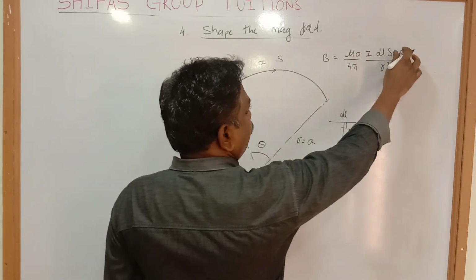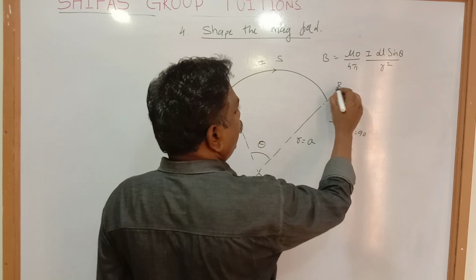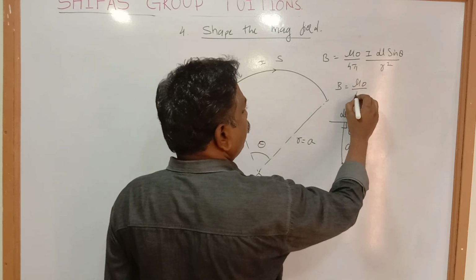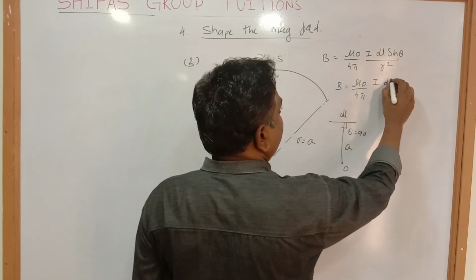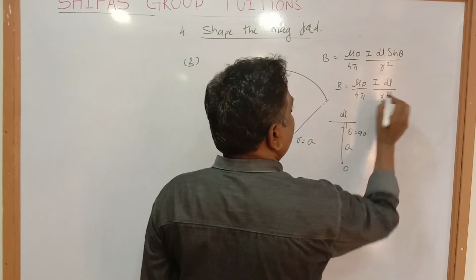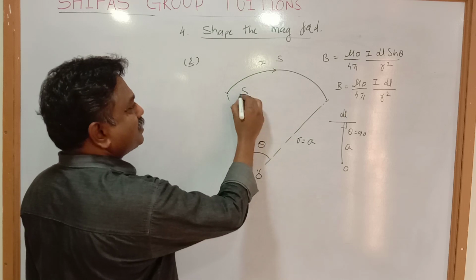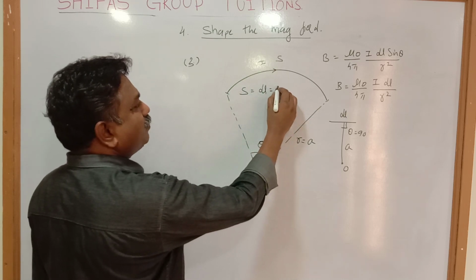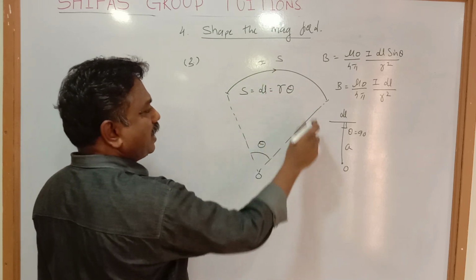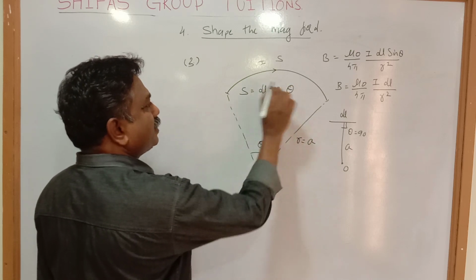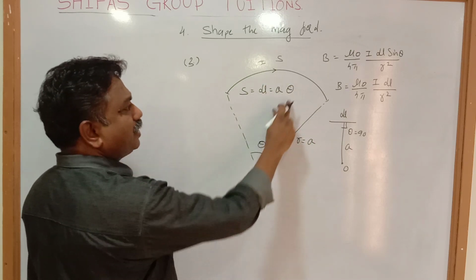So if I substitute here, the formula will be B equals mu naught upon 4 pi, I dl upon r square. Now here it is very interesting, because you can modify this dl as r into theta, and this r is A. O is the center, theta is this angle.